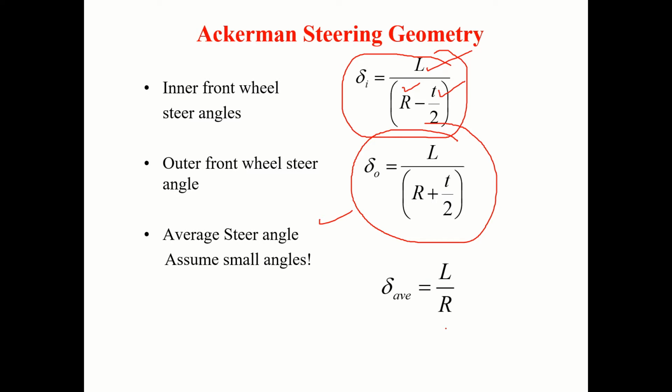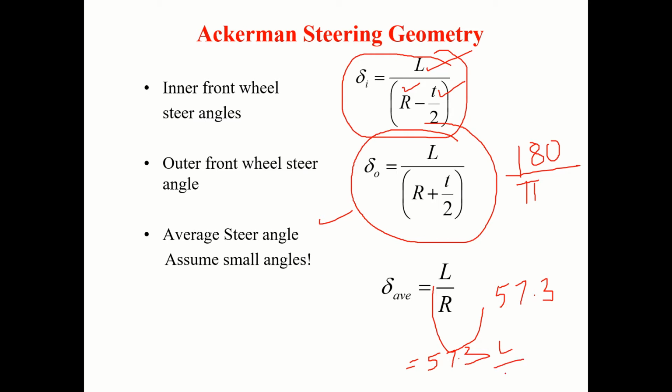Average L by R. So to convert this in radians into degrees, pi radians is 180 degrees. 1 radian is 180 by pi, that is, this value will be 57.3. So in degrees, delta average is 57.3 L by R.